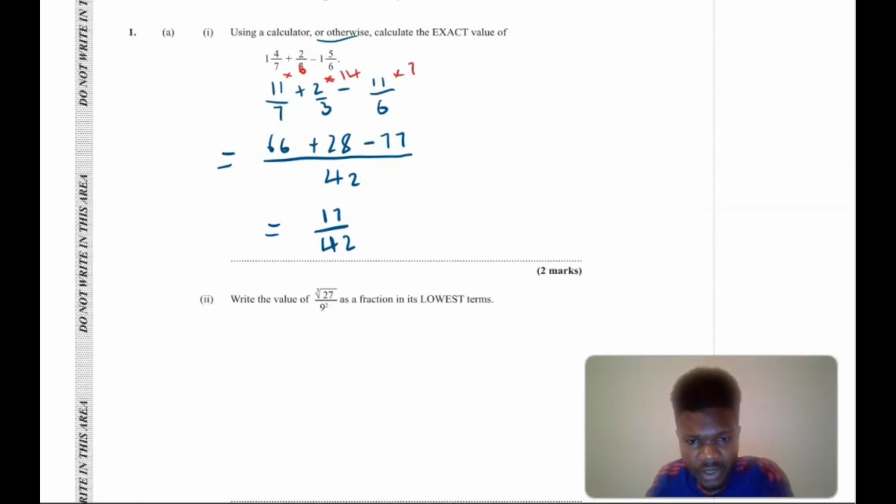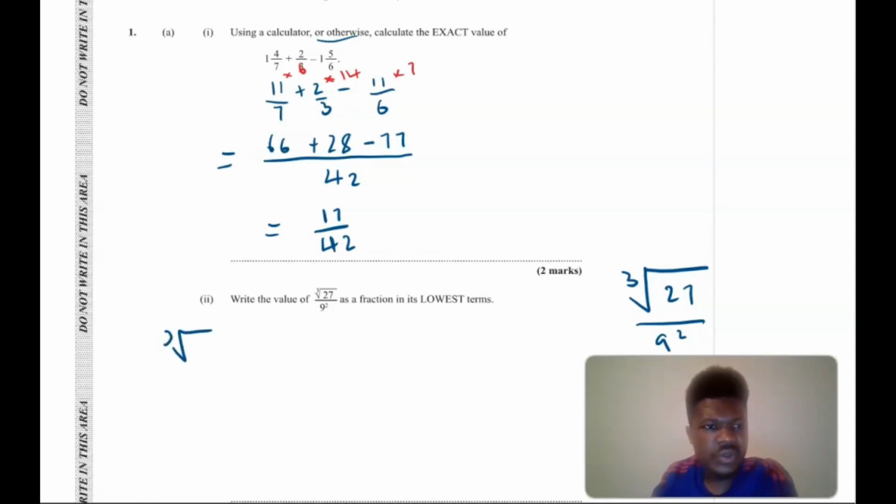It says write the value of, and for persons unable to see clearly, it's cube root of 27 over 9 squared, as a fraction in lowest terms. So what's the cube root of 27?